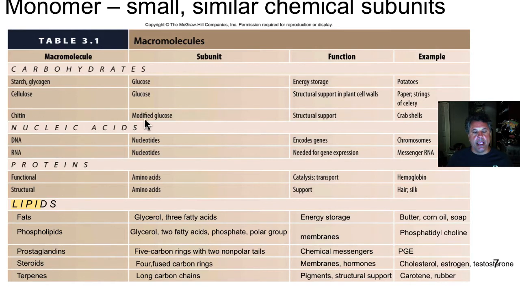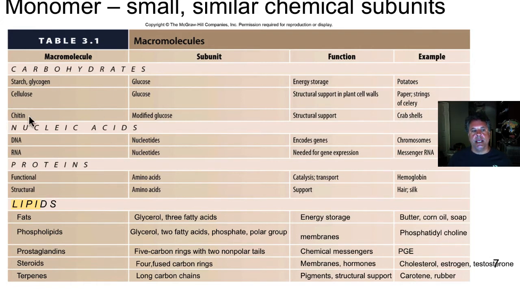Now, chitin is a modified glucose molecule that is polymerized to form chitin, a type of carbohydrate that is used for structural support for the exoskeletons of invertebrates, of insects and crabs and lobsters and things like that.